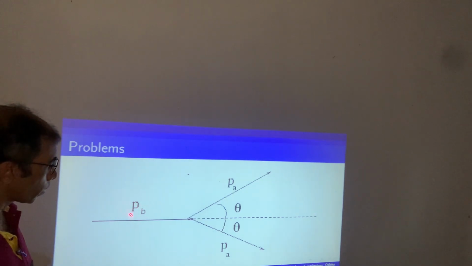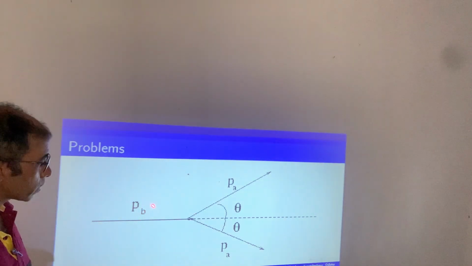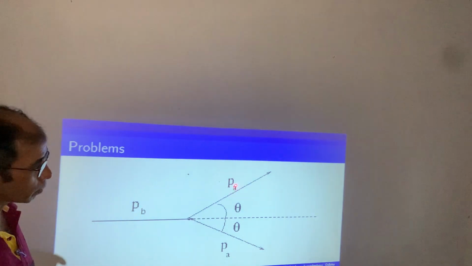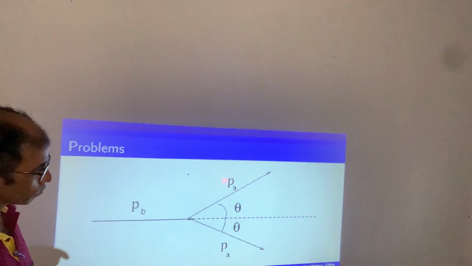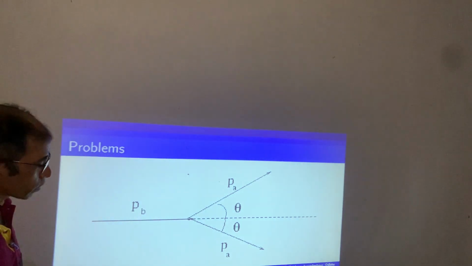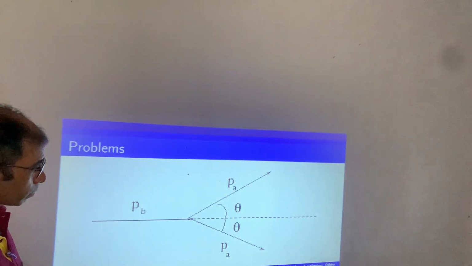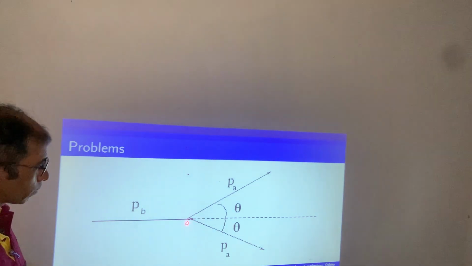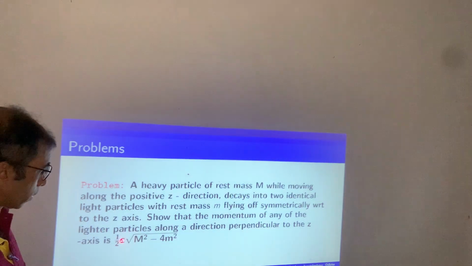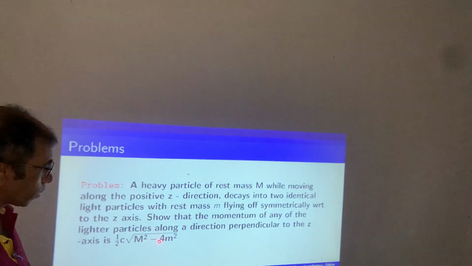Pb is the momentum before disintegration, and this is the momentum after disintegration. This is one particle, this is another particle. So what they have asked is that the momentum of any one particle along this direction will be half c root of (M square minus 4m square).